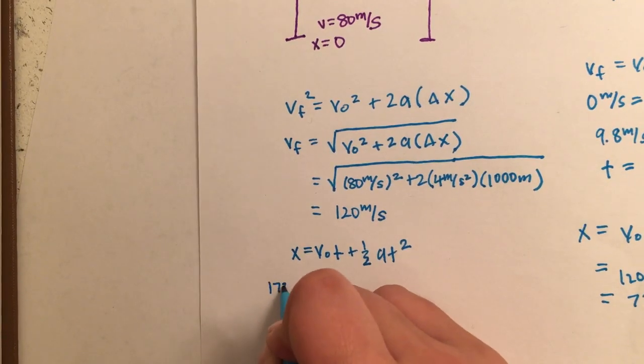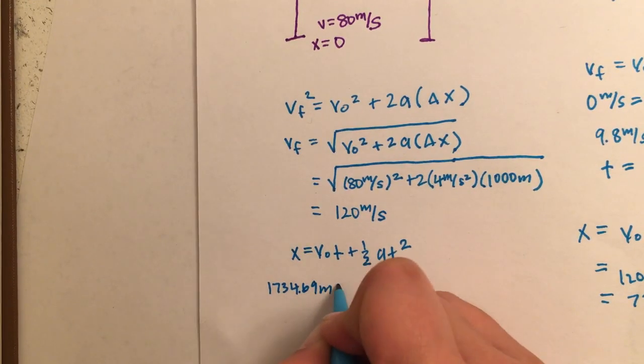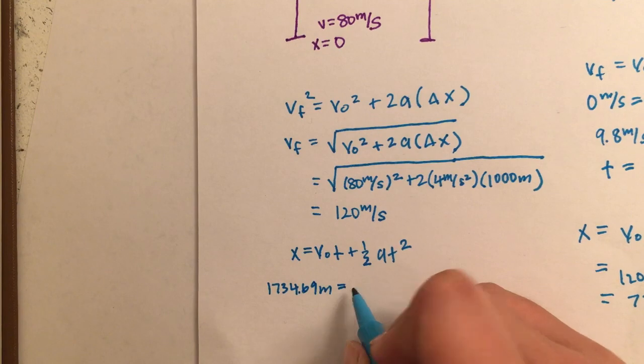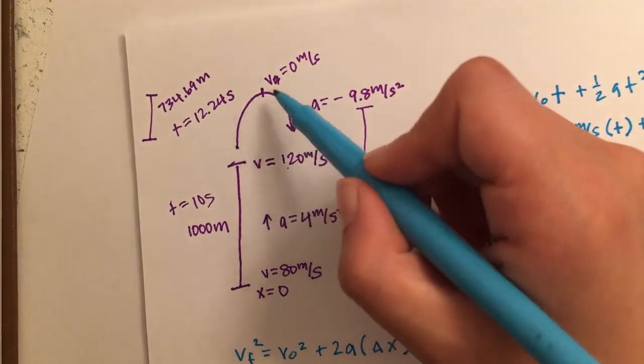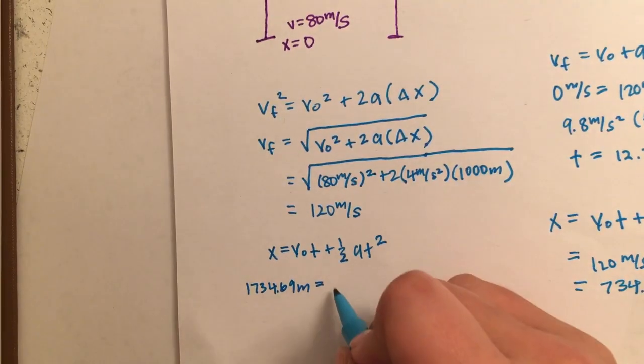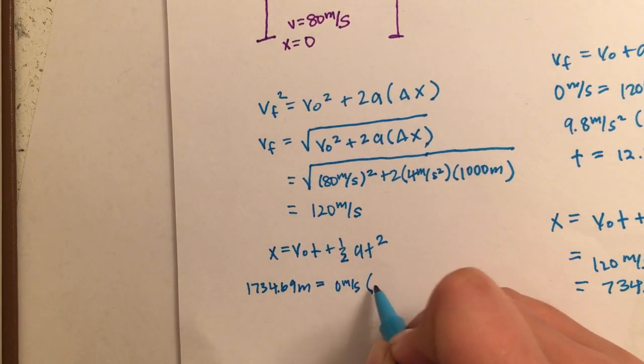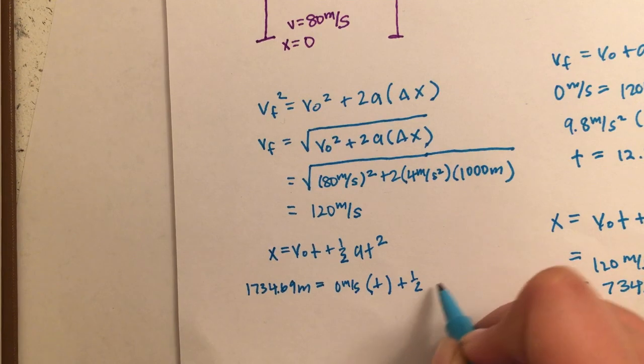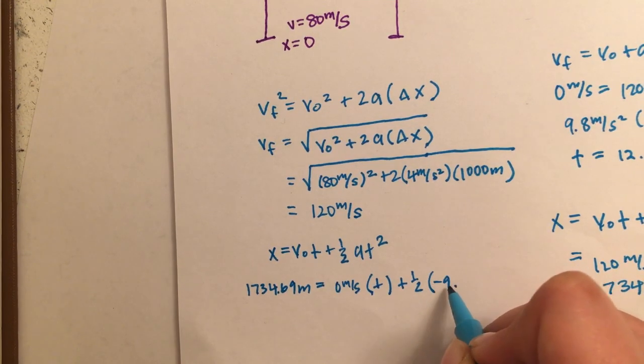So 1,734.69 meters equals, so it's starting up here where the velocity is 0 meters per second. So the velocity here is 0 meters per second times t plus 1/2 negative 9.